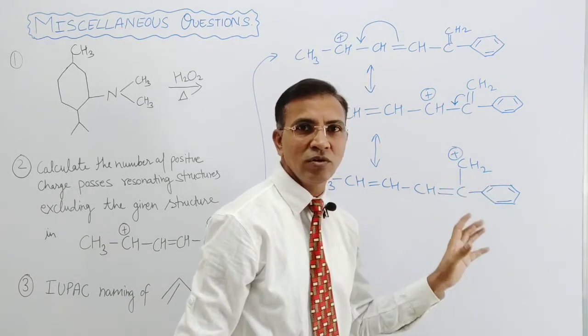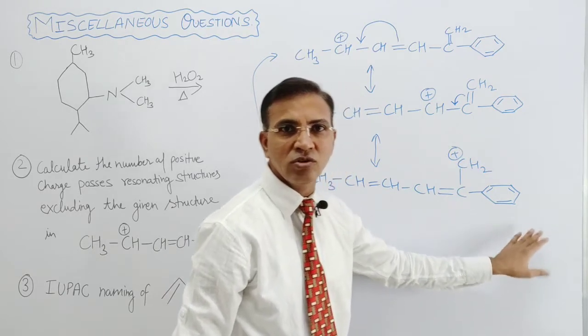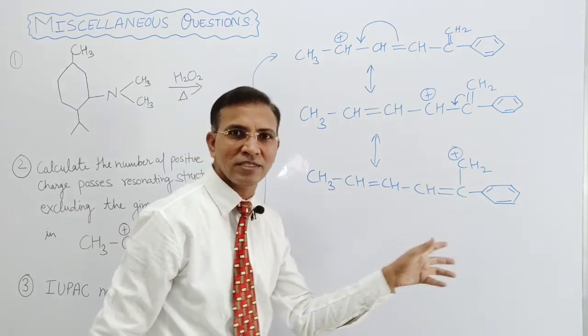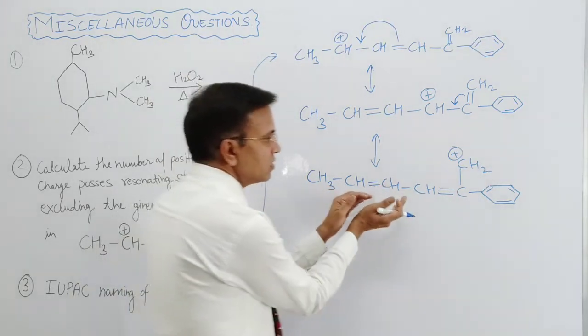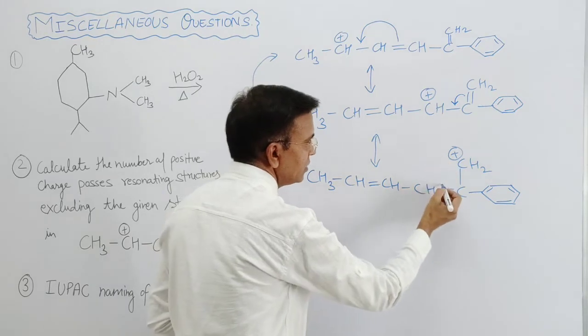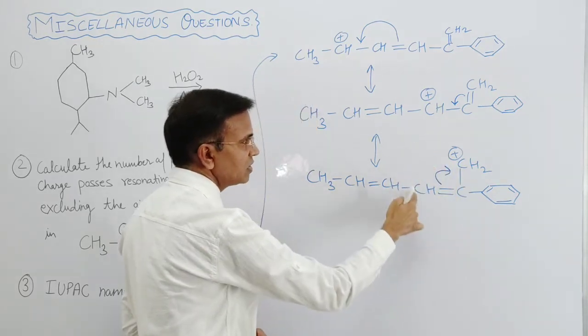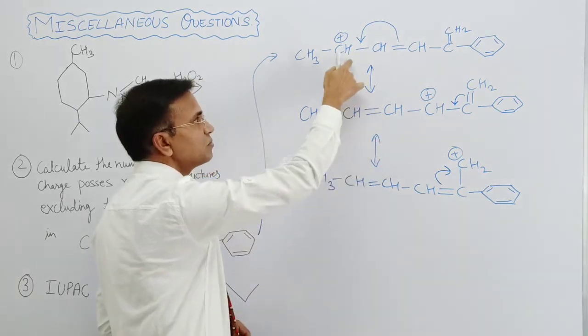So this is not conjugation, and the delocalization of pi electrons of the benzene ring does not take place. The positive charge doesn't come into the benzene ring. So this will again shift to here, the positive charge comes on this carbon, and this species will again form.